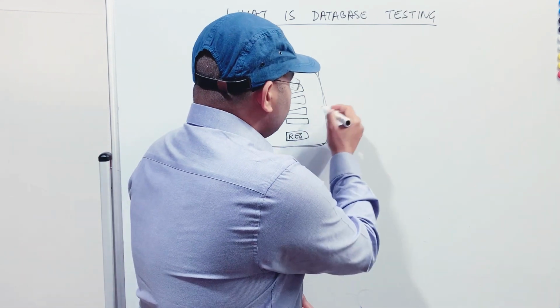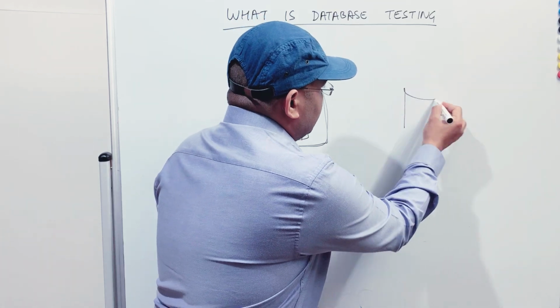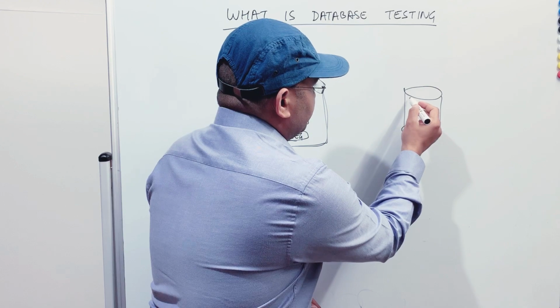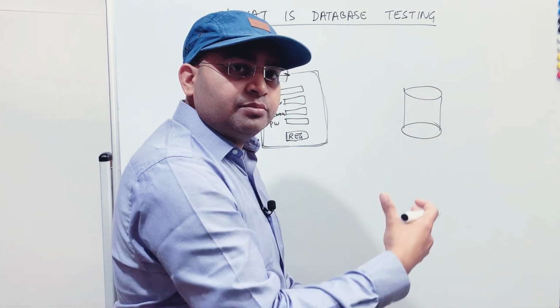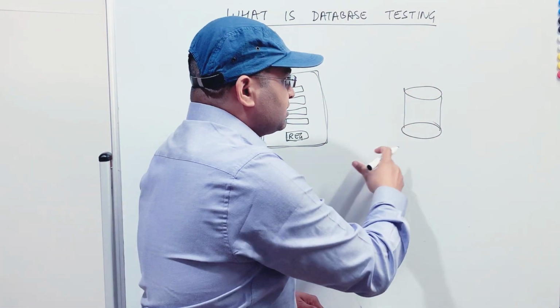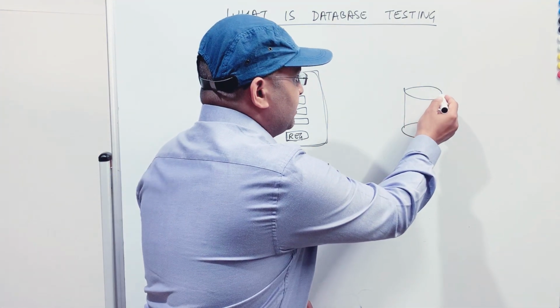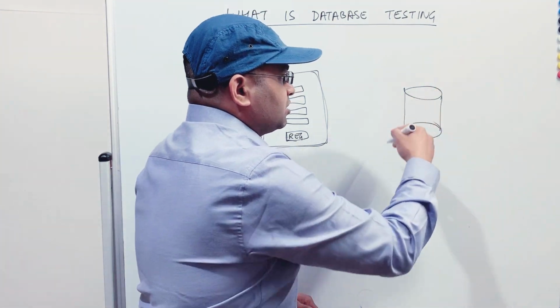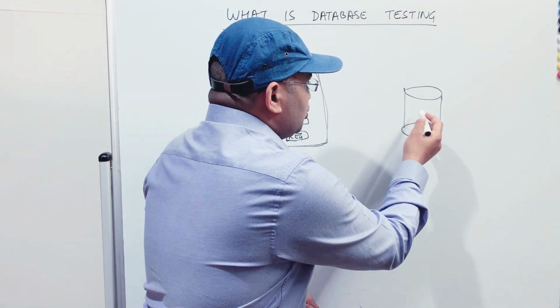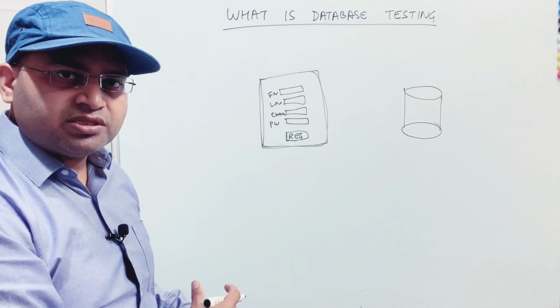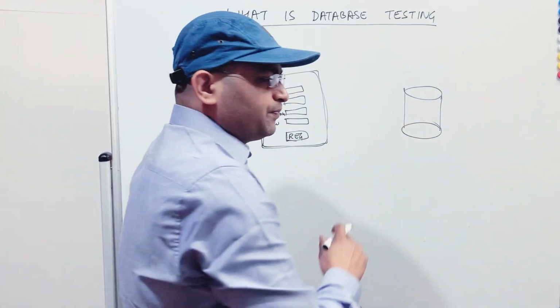Once you submit this, there is a database where all this information is stored in the form of tables. It's a complex piece of software which is installed on a server, and that's where all the information that you provide in the registration form gets stored, right?